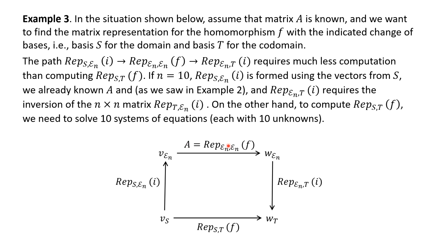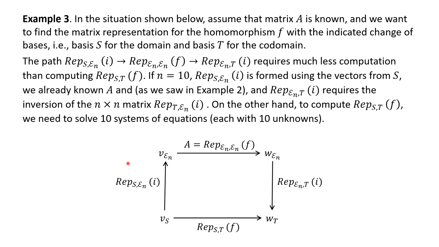And we want to switch to the different bases, S for the domain and T for the codomain. In other words, we want to find this representation of f. And if you look at the two ways, it's actually more computation going this way. And I explained it here in this paragraph.